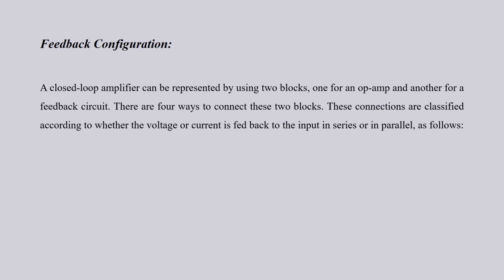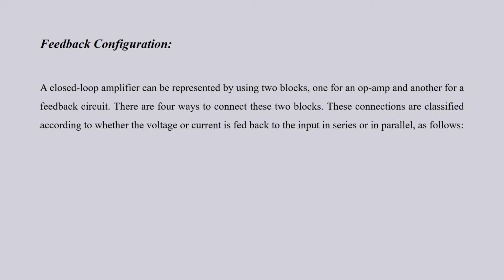So, feedback configurations. A closed loop amplifier can be represented by using two blocks, one for an op-amp or forward circuit and another for a feedback circuit, that is also called the backward circuit. There are four ways to connect these blocks.